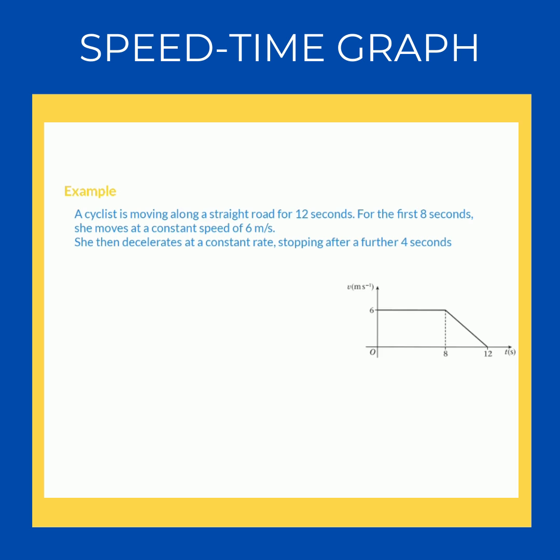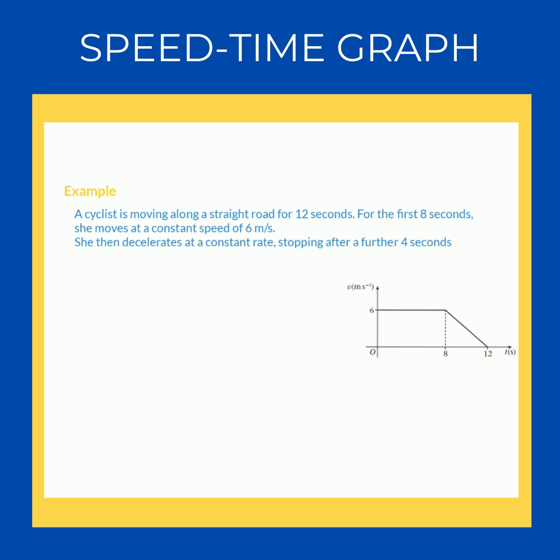So it's the area of this rectangle plus the area of this small triangle. Adding the area of the rectangle and the area of the small triangle is equivalent to the total area under the curve, which is the total distance traveled by the cyclist during the 12 seconds.